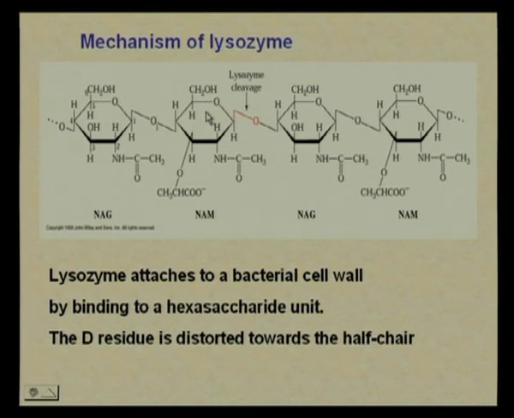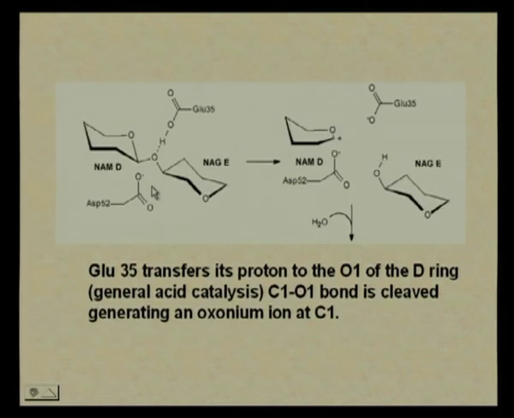When the NAG-NAM hexasaccharide unit fits into the active site groove of lysozyme, what happens is the D residue is distorted towards the half chair formation. So, what do we have? We have a NAM and a NAG.